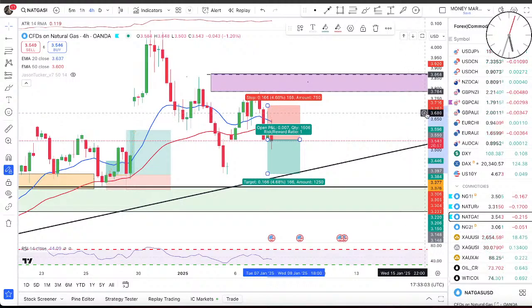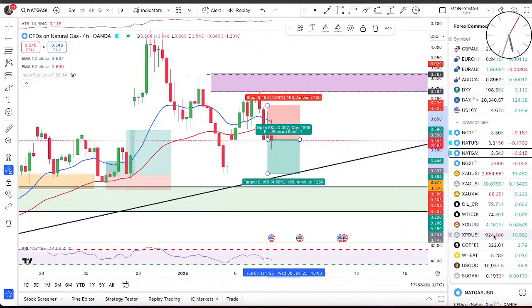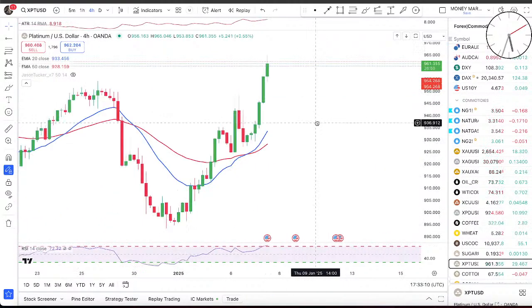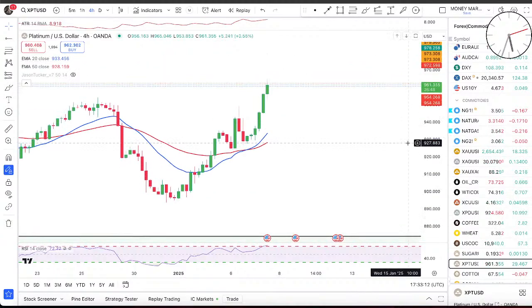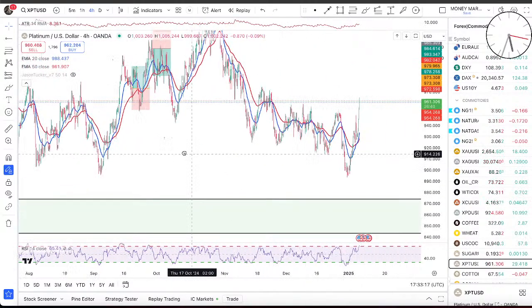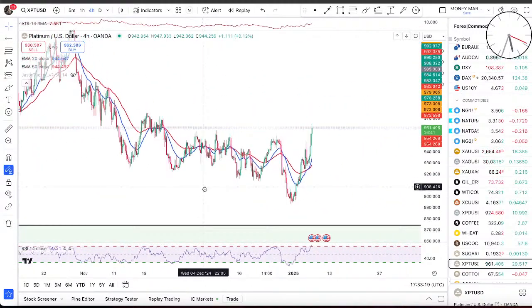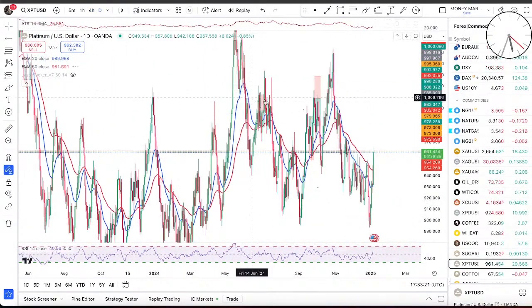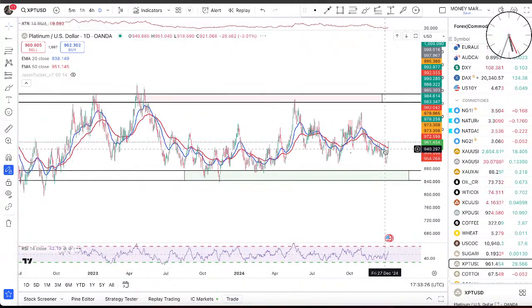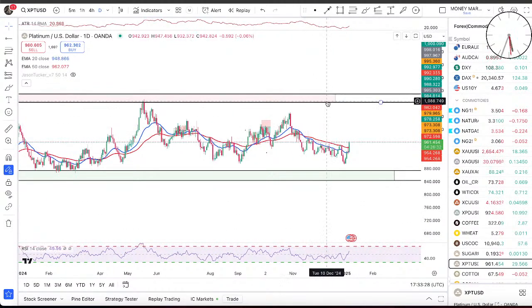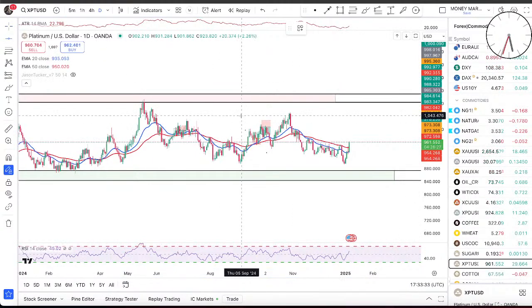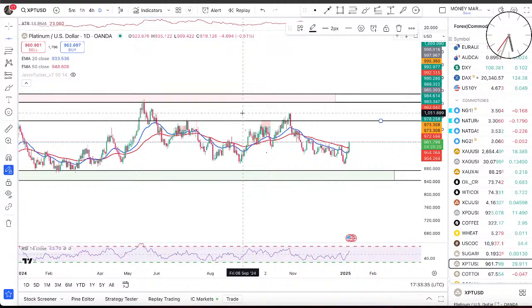Platinum, next resistance. Oh, let's take a look at platinum. Didn't I send that in the report? Okay, I've sent the support area, right? I got it now. Platinum resistance is quite higher, which is right here, but you can also use this as a minor resistance right here.